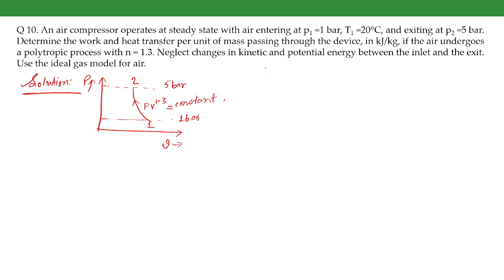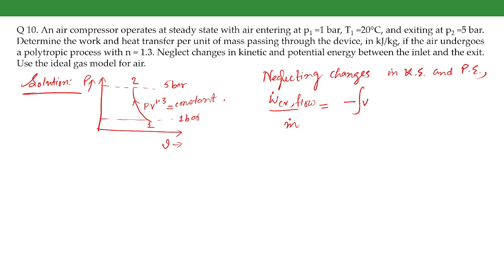Now, if we neglect the changes in kinetic energy and potential energy, the work done in the control volume per unit mass is given by minus integration of specific volume v dp.